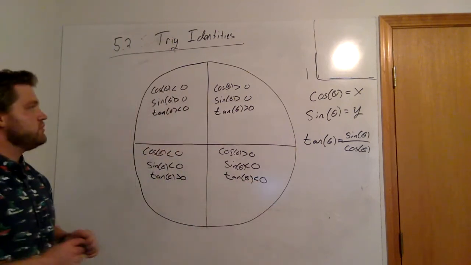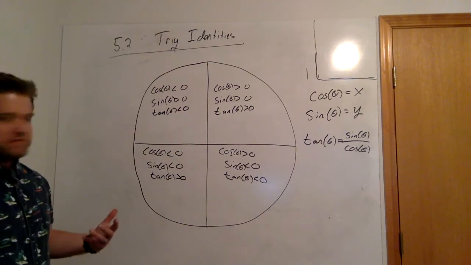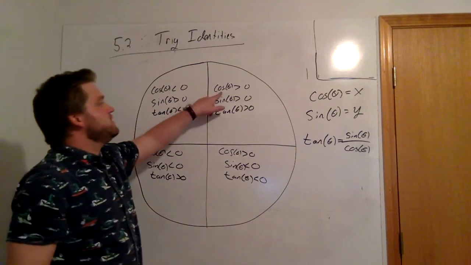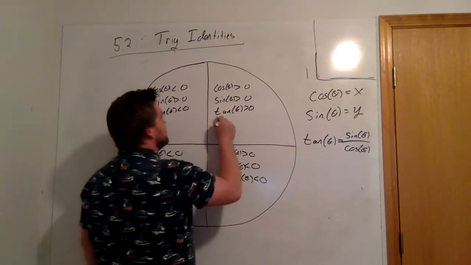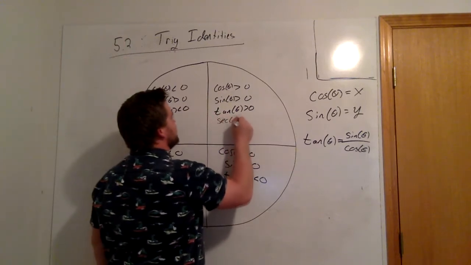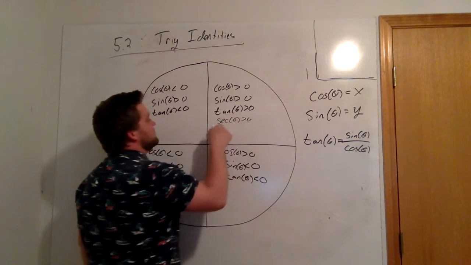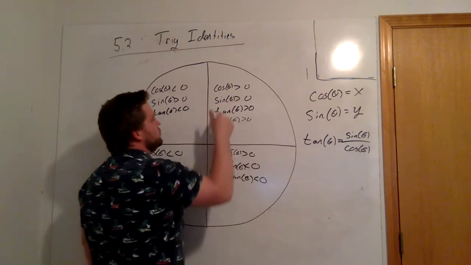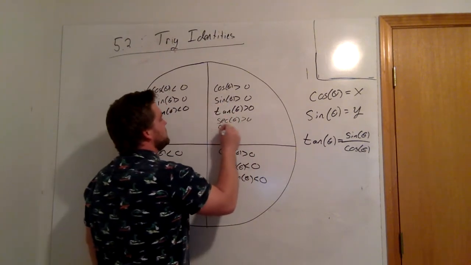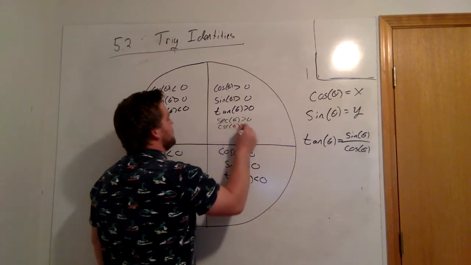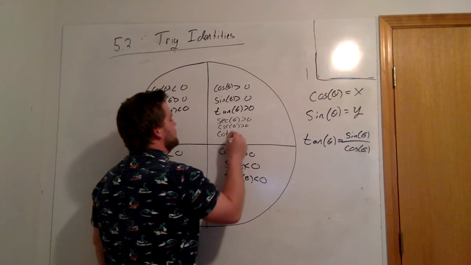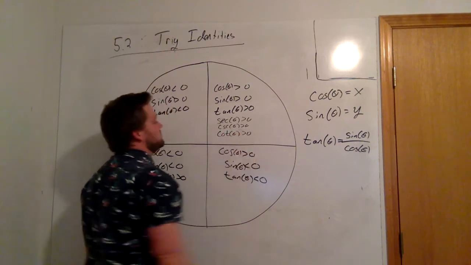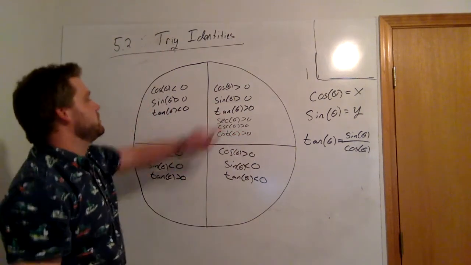Now remember, the other trig functions are just the reciprocals of these. So if cosine is positive, its reciprocal will also be positive. So here we have that secant of theta would be positive because secant is the same as 1 over cosine. We'd also have that cosecant of theta would be positive. Cosecant is the reciprocal of sine, and cotangent of theta would also be positive because cotangent is the reciprocal of tangent.